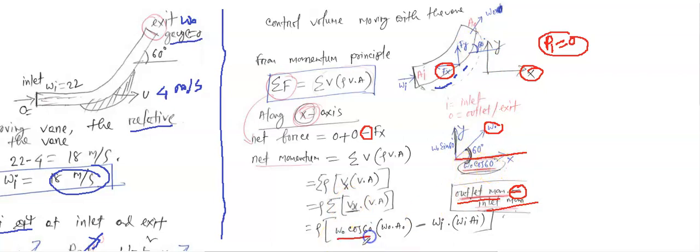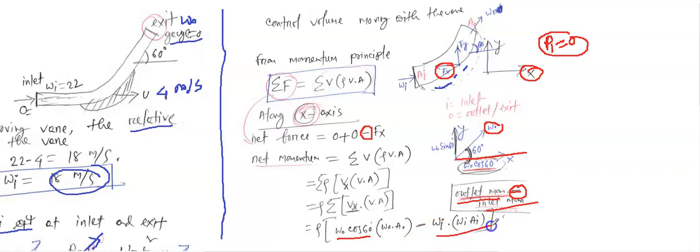And V is the normal velocity, which is only W0, not W0 cos 60. So this Vx is only the velocity component along the x-axis, and this is the V0, and the area is A0.